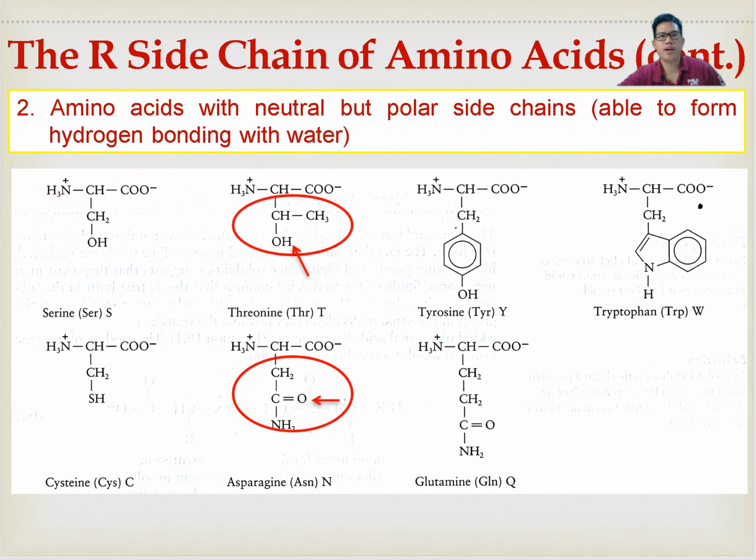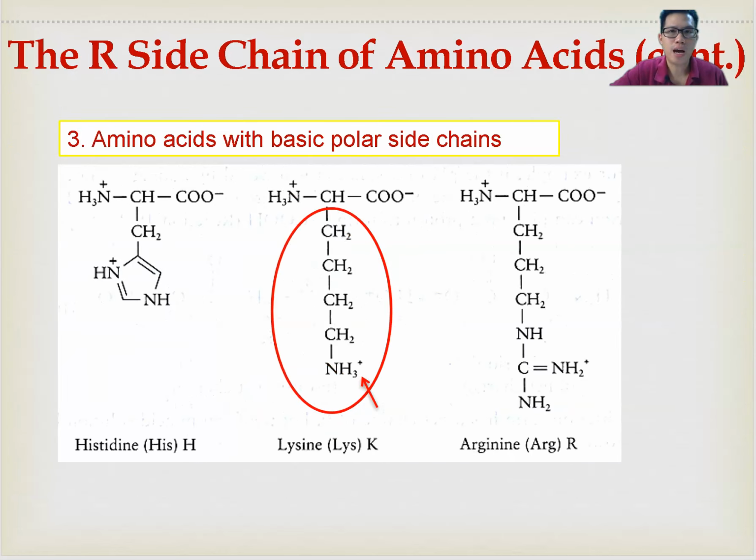Then we have amino acids with neutral but polar side chains. They are able to form hydrogen bonds. For example, you can see from here threonine, asparagine. You got the carbonyl group, you got the hydroxyl group. Then the amino acids that are basic: you can see there's NH3, NH2, NH2 plus.